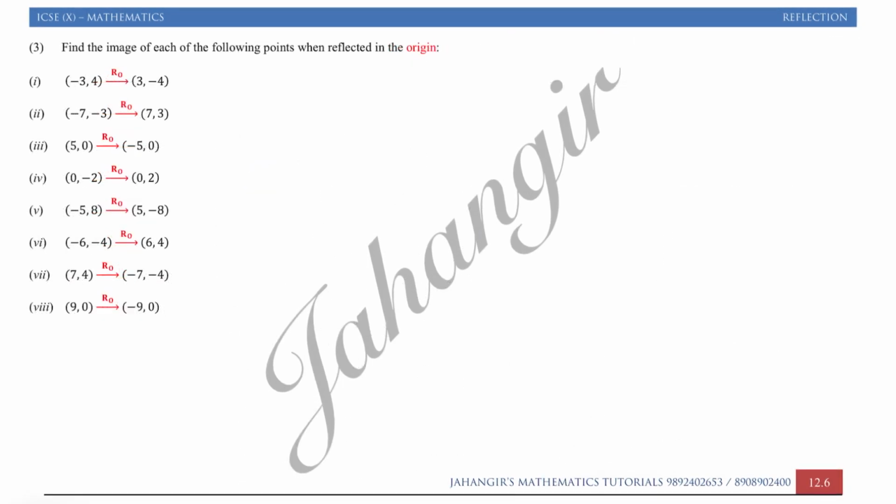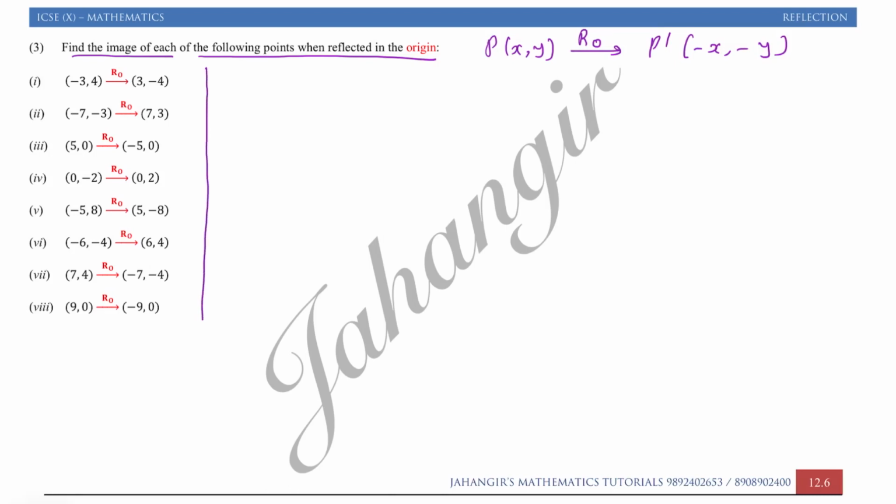Question third. Find the image of each of the following points when reflected in the origin. When (x, y) is reflected in the origin, we can write (minus x, minus y). So when any point is reflected in the origin, the sign of both coordinates will change.